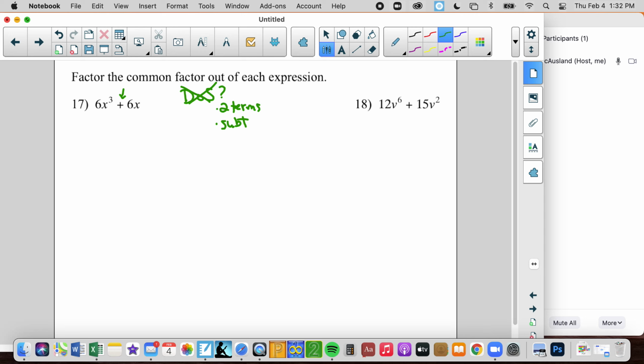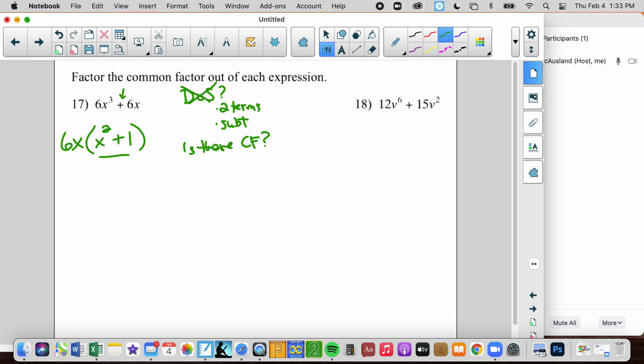So the next thing I have to look at is, is there a common factor amongst these 2 terms? In fact, there is. I can take out a 6x. So if I take 6x from 6x cubed, I get x squared. If I take 6x from 6x, I get positive 1. Now notice, I'm left with a binomial again.